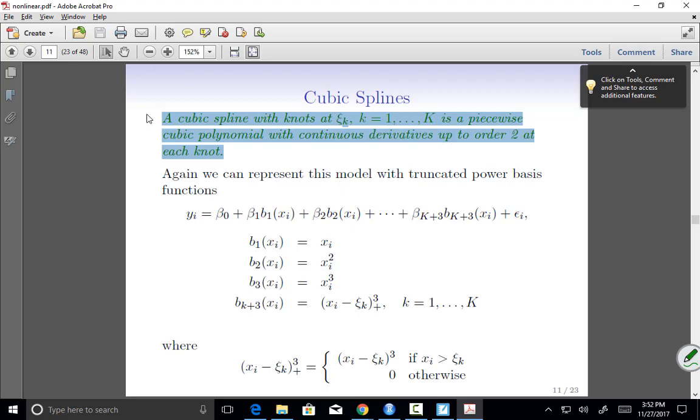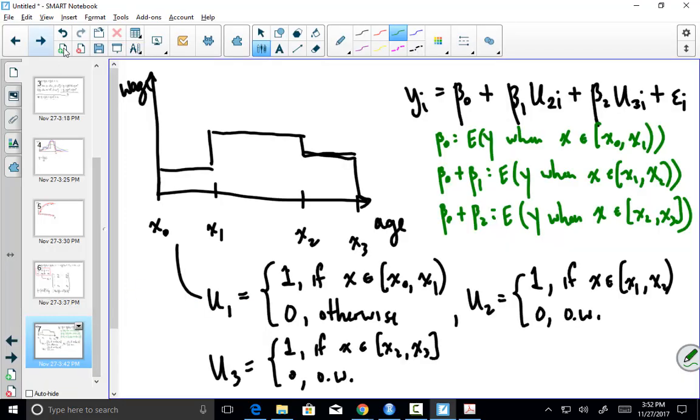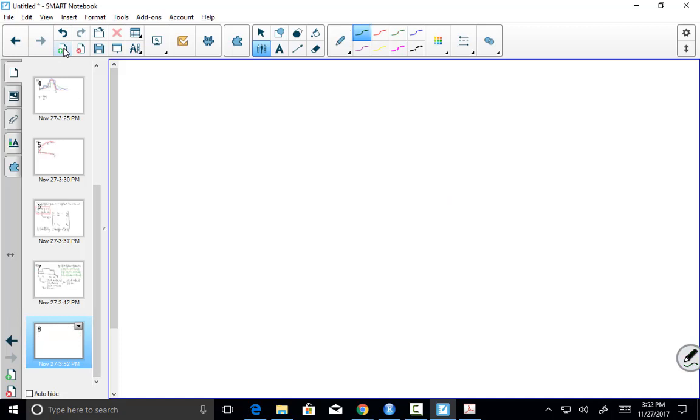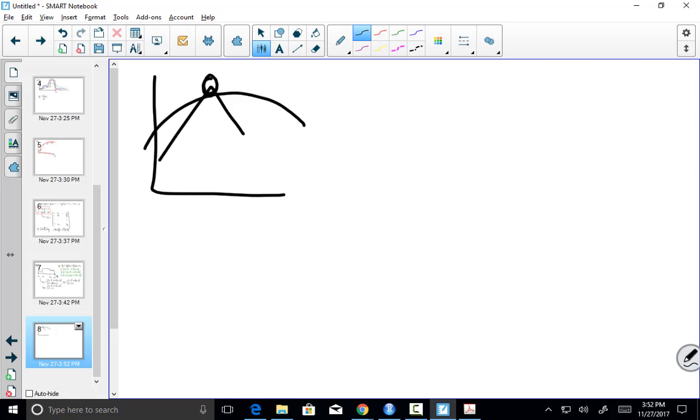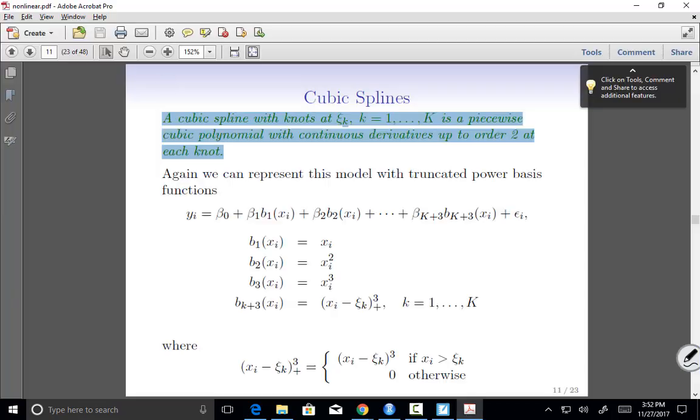What we mean by smooth is not like that, but like that. So differentiable. You can't take a derivative at this point because it's pointy. So a spline requires polynomials within bends subject to a restriction that they're differentiable.